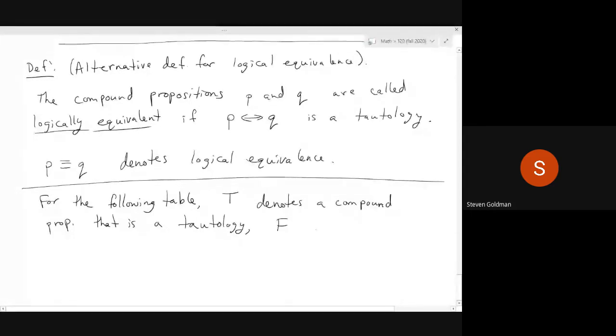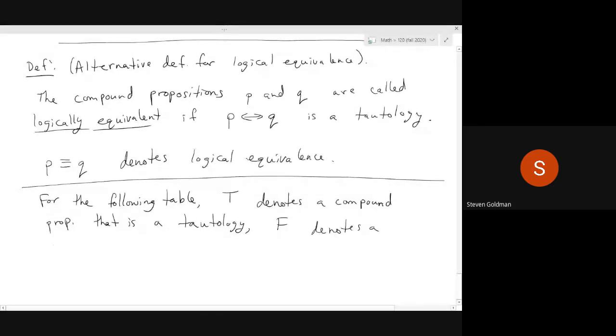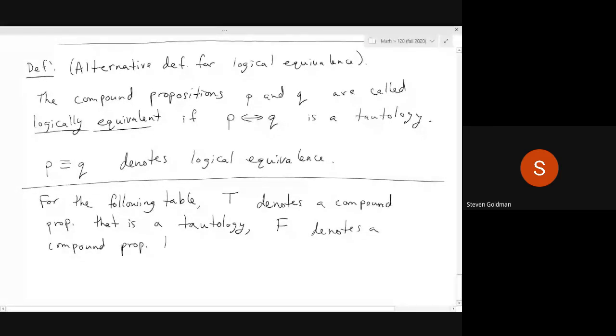And capital F denotes a compound proposition that is always false, or in other words, that is a contradiction.